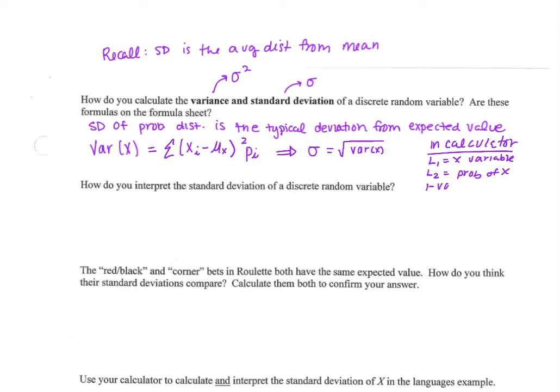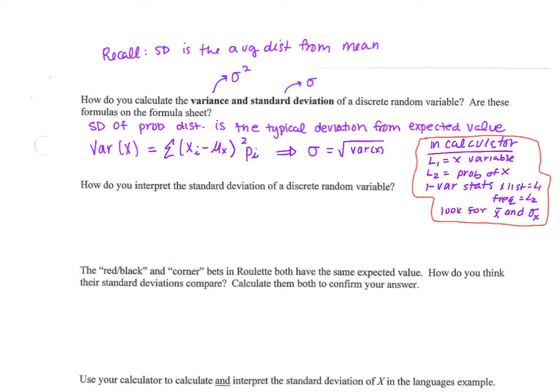You're going to do one variable stats with your x list as list 1, and your frequency list is L2, and you're going to look for the x bar and sigma. Those are going to be your two numbers, mean and standard deviation, that you look for. And that's how you get the mean and standard deviation in the calculator, which we'll practice a little bit in class, but you can practice that now with plenty of examples.